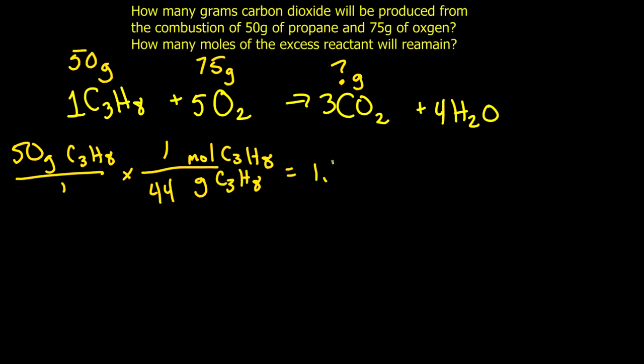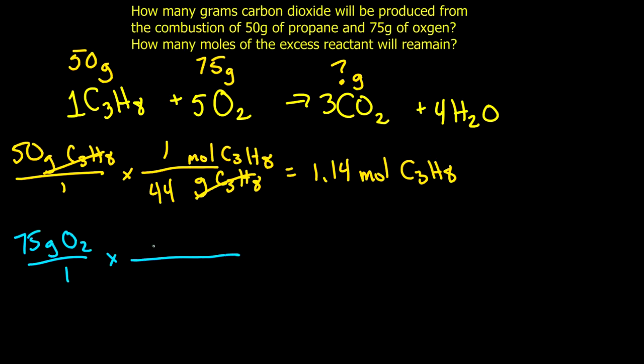I got 1.14 moles of propane. It's moles of propane because grams of propane canceled out. Let's do the next one. Let's convert 75 grams of oxygen to moles. So I got 75 grams of oxygen. I put that over 1. Set up my ratio. 1 mole of oxygen is 32 grams for oxygen.